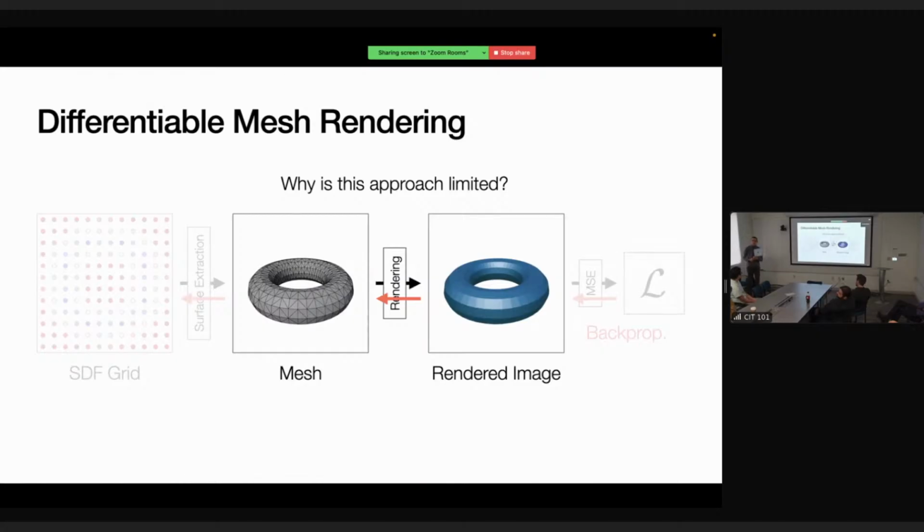Yes. So to be clear, you're talking about updating the signed distance function. So indirectly: you update the mesh vertices, and then because the surface extraction, like marching cubes or whatever, is also differentiable, you then backpropagate through the mesh vertices into the grid. Gotcha. So you need to update the entire edge and then propagate that to the signed distance field, as opposed to just the part of the signed distance field that corresponds to that pixel.